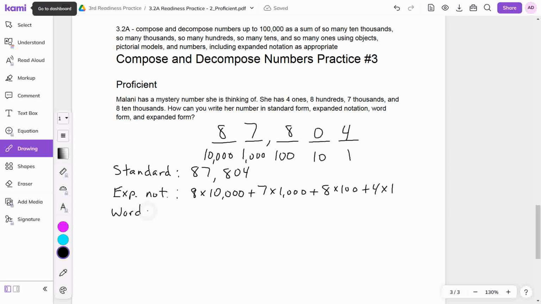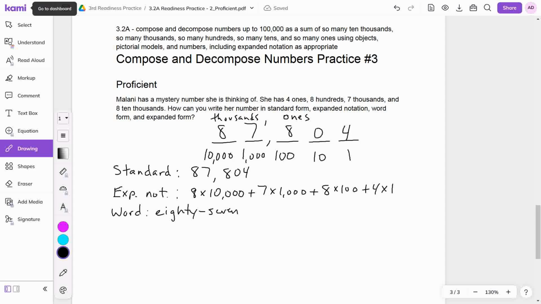Now we need word form. All right, so remember word form, we are writing it like it reads. And so this is my thousands period. And this is my ones period, or my ones family. So I'm going to say the full number before the comma. So 87, using a hyphen there.